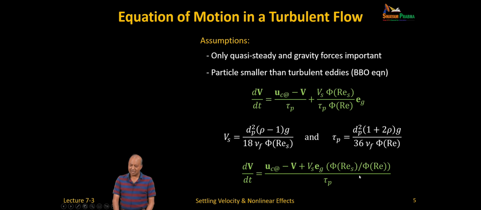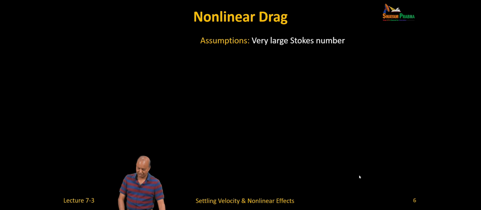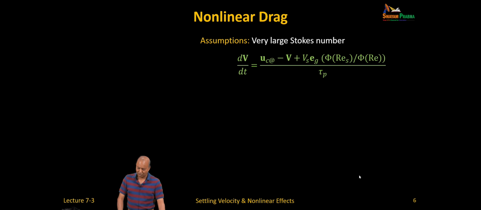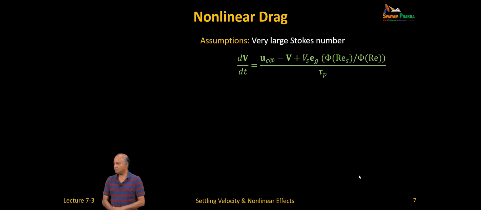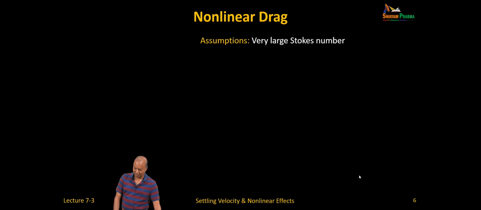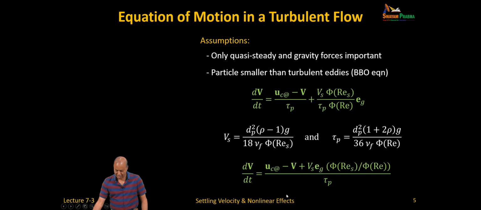The question is that you can take this and study what happens in the limit of large Stokes number, where tau p gets very large, and so on and so forth. Change in particle velocity takes place because of the change in velocity of the fluid. This u c is nothing but the fluid velocity at the particle location.